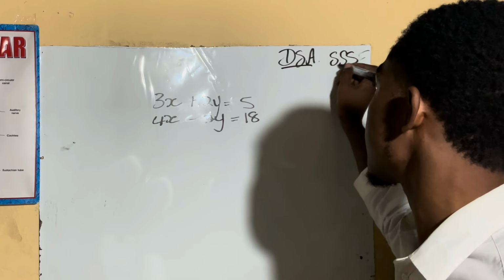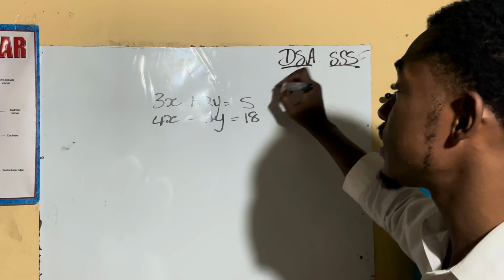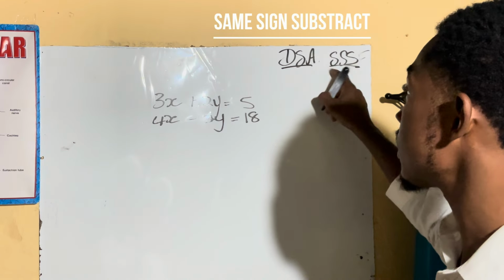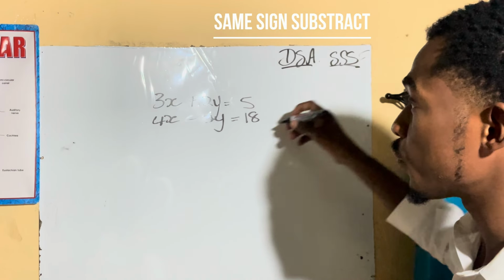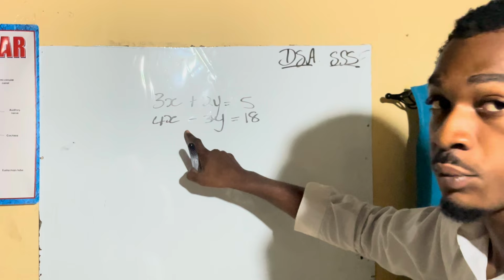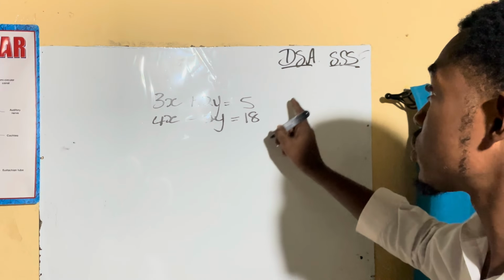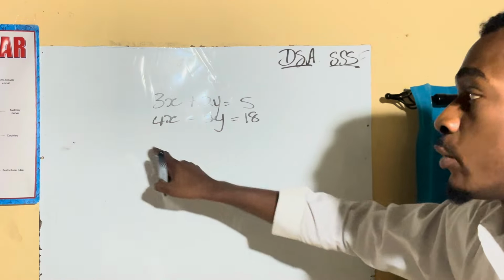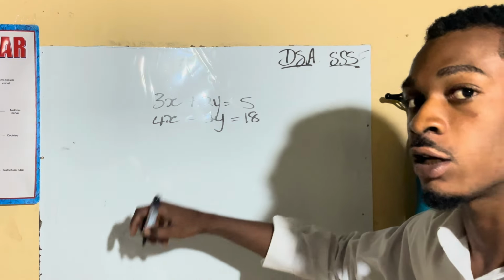We have DSA and SSS. DSA stands for different signs add. SSS stands for same sign subtract. So if we're working with the same signs between the equations, we subtract the bottom equation from the top equation. If we're working with different signs, then we add both equations together.